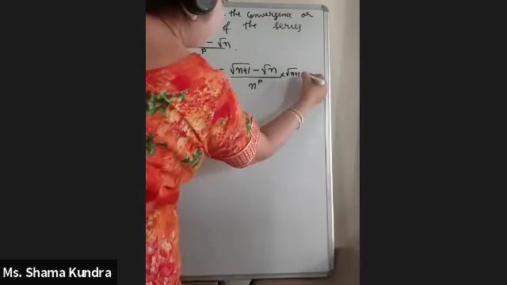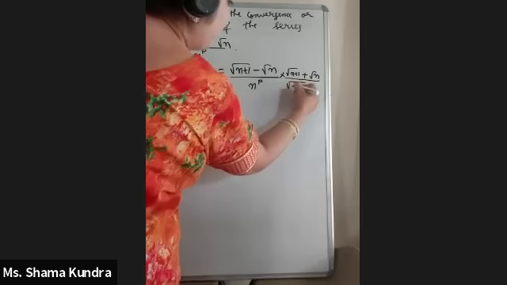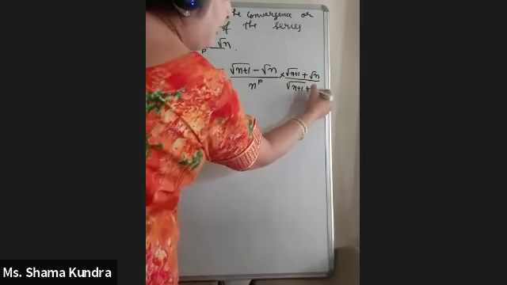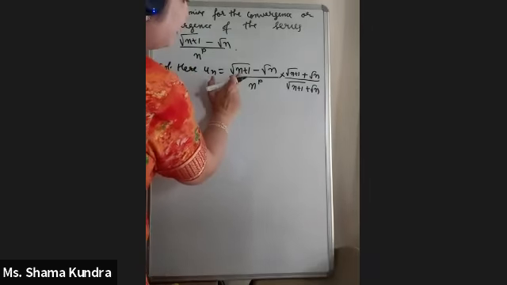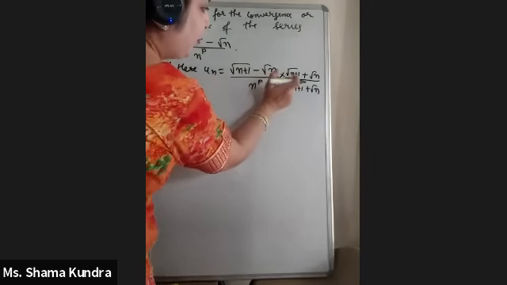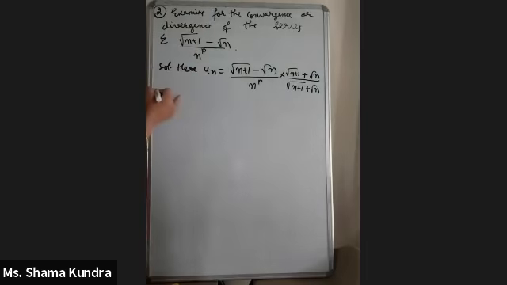We will get under root n plus 1 plus under root n over under root of n plus 1 plus under root n. Now, the next step is a minus b into a plus b, which will be a square minus b square.